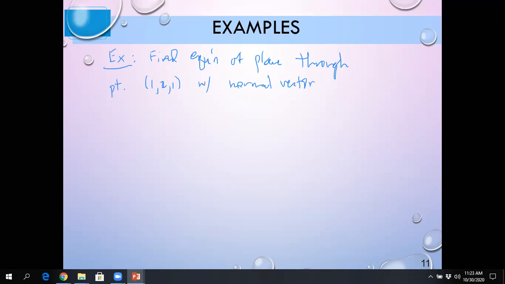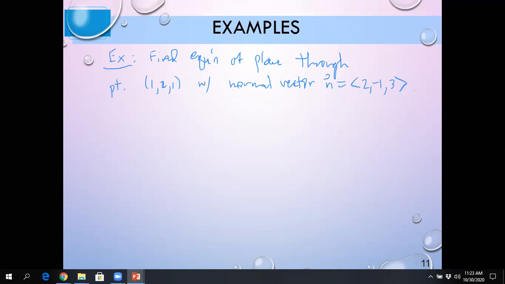Okay, what does normal mean, just to make sure we're on the same page? Perpendicular to that plane. 2, -1, 3. Okay, this time I'm using the normal vectors. I'm using the direction vector from that last example we were working with. Okay, look, this is so easy once you realize where this is coming from.